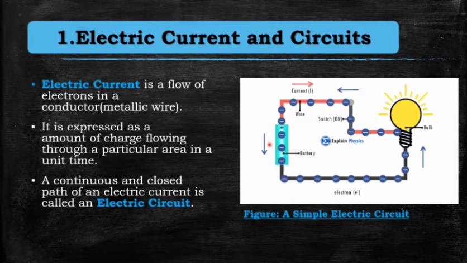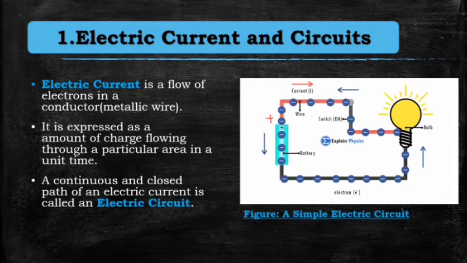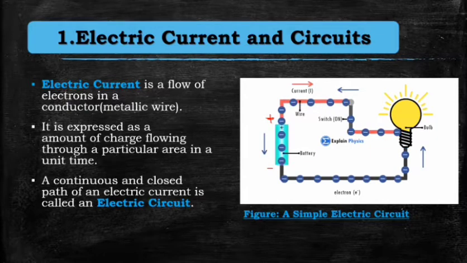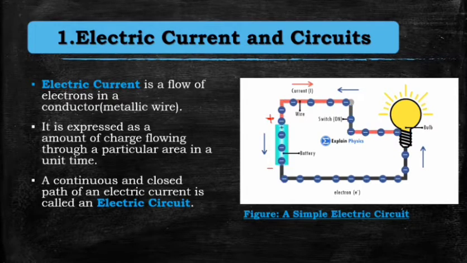Just observe the terminals of the battery. This side of the battery is positive, and this side of the battery is negative. And these icons are moving from the negative side of the battery to the positive side of the battery through the bulb.